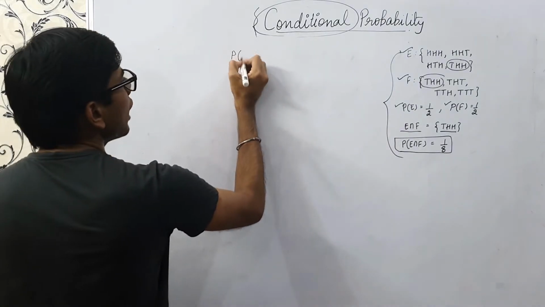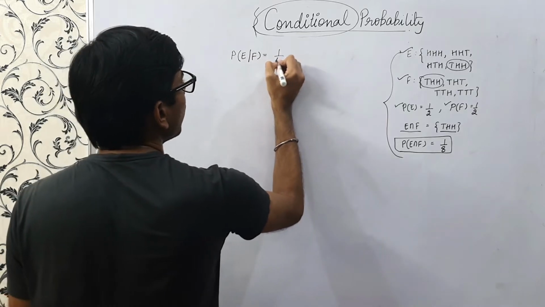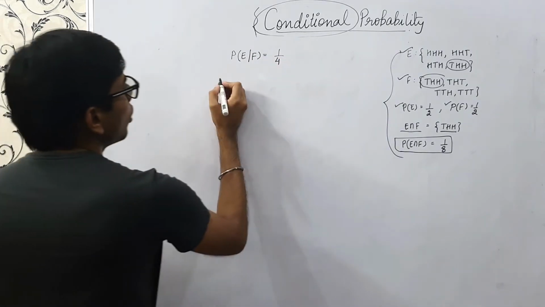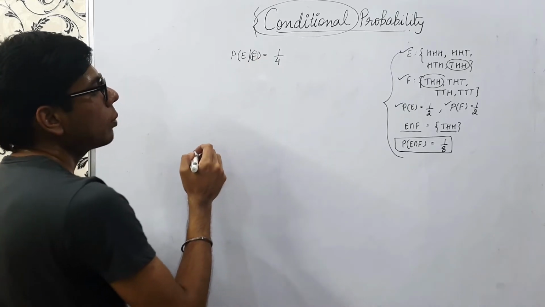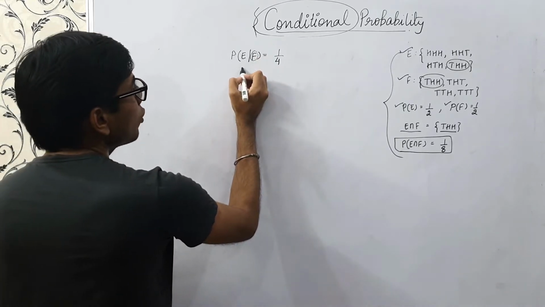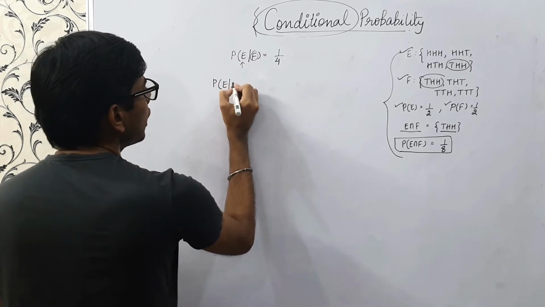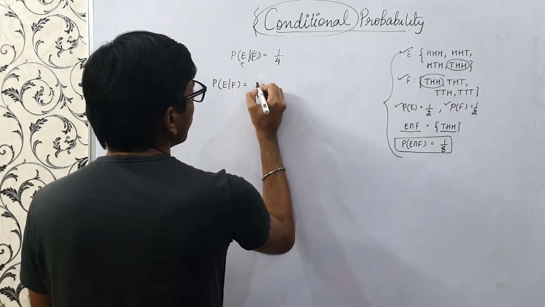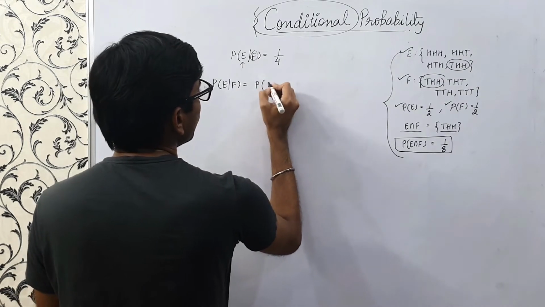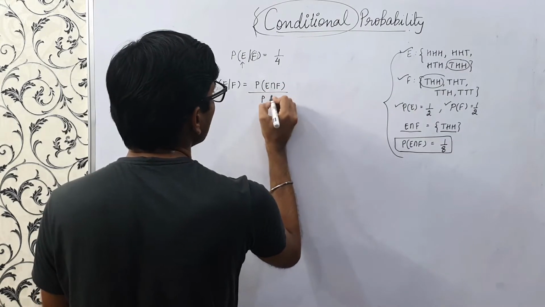Just now we calculated the probability of E given F as 1 by 4. What we noticed is that when event F has already occurred, the probability of E given F is the probability of E intersection F upon the probability of F.